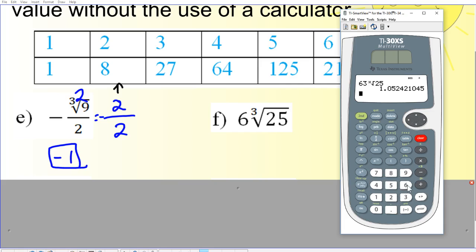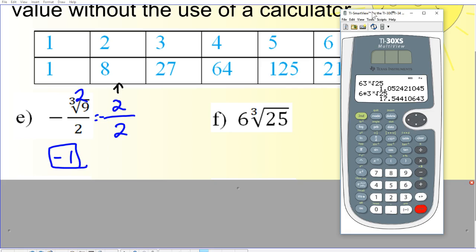Here you'd actually have to type in 6 times. Actually, I'll be honest, I don't even know if this is going to work either. 6 times 3, the cubed root of 25. Oopsie. Something didn't work there. There we go. I don't even know if this is the right answer. So let's check.